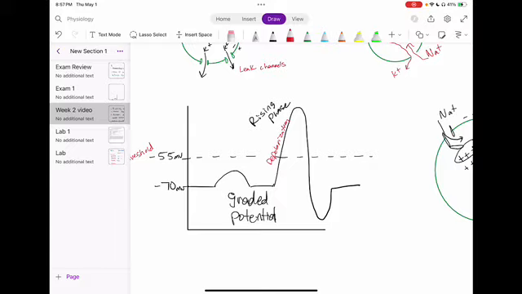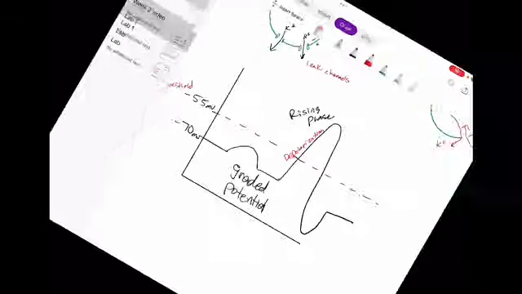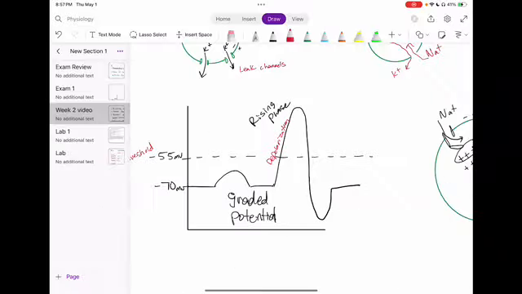We have repolarization, with hyperpolarization there, and this is our falling phase.